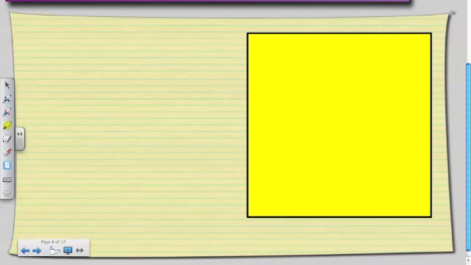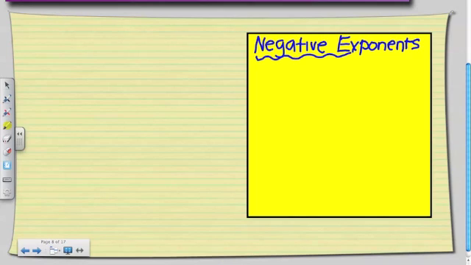So first I'm going to give you the mathematical definition of the negative exponents formula, and we're going to translate this into a rule that you'll be able to remember and apply. So just copy this down for now.